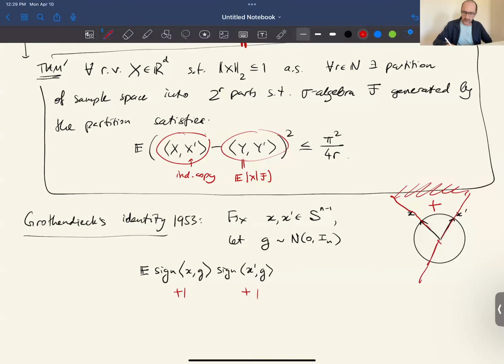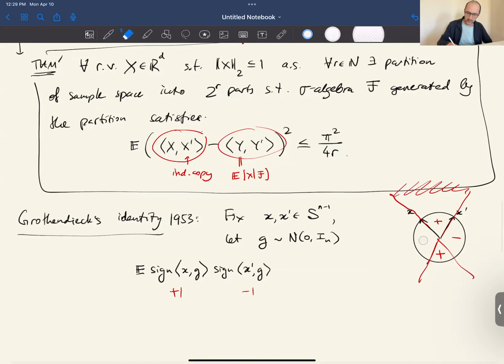By symmetry, the same happens here. Also positive. So here it's positive, here it's positive. And on the rest of the space, one will be positive and the other will be negative, and plus one times minus one is always minus one. So this random variable takes positive values here, negative values here.